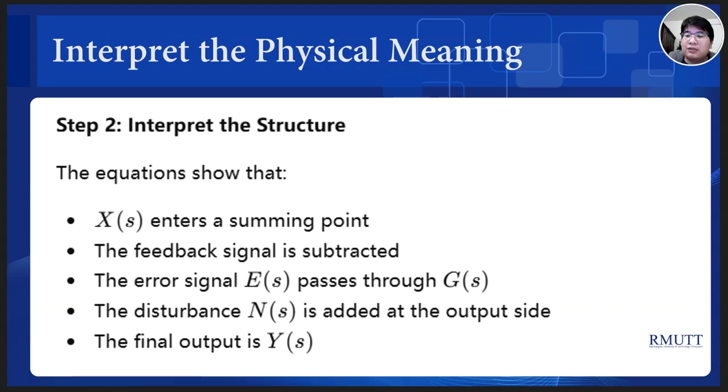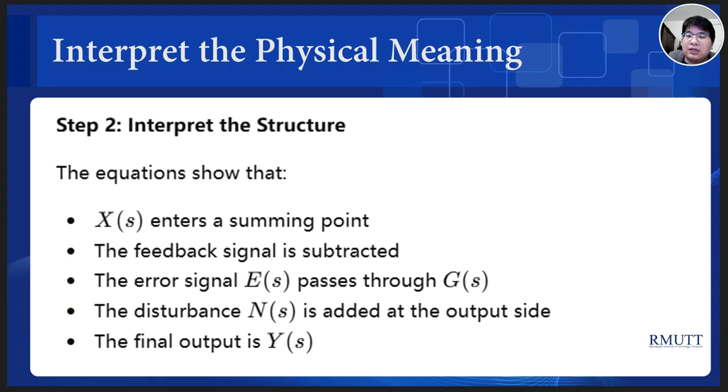This slide explains the physical meaning of the equations. The signal X(s) enters the system as input. Then the feedback signal is subtracted from the input, and this produces the error signal E(s).